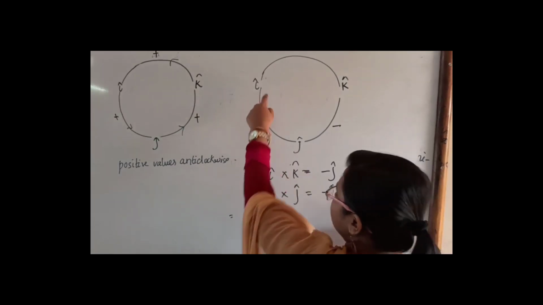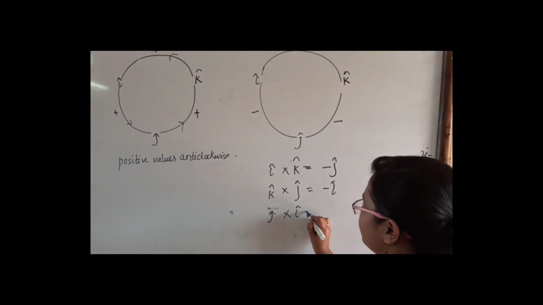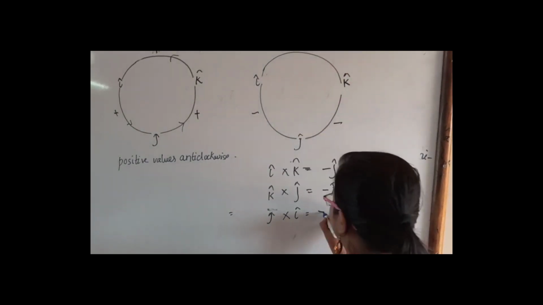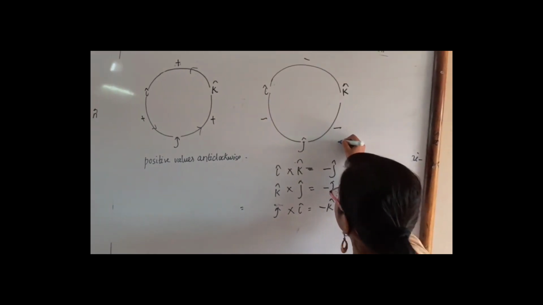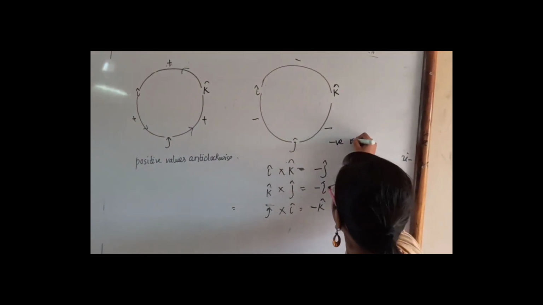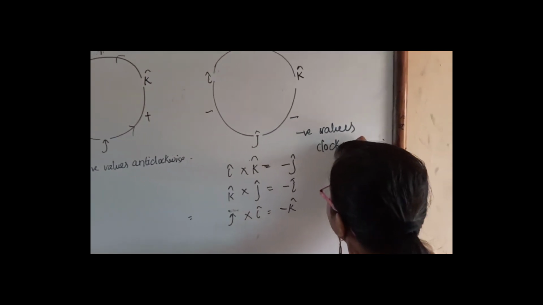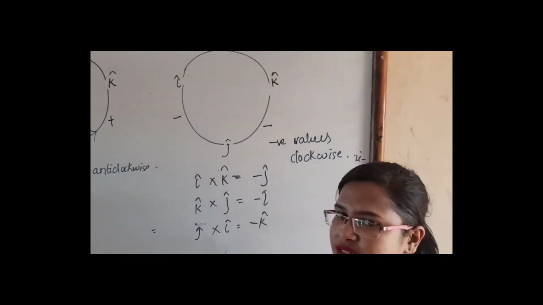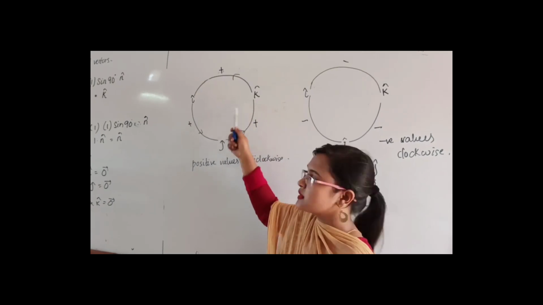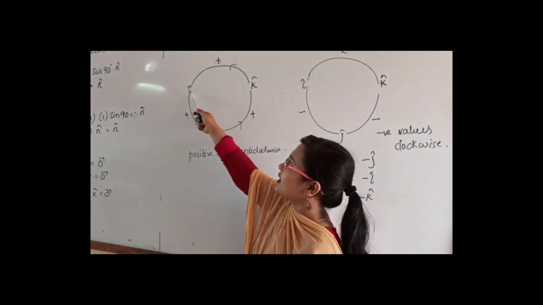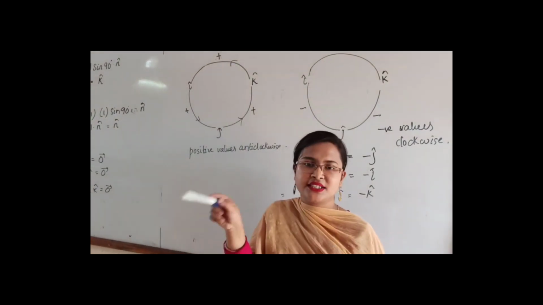J cap cross i cap will give rise to minus k cap. These are the negative values when I go in the clockwise direction. Always remember: i cross j gives rise to k cap, j cross k gives rise to i cap, and k cross i gives rise to j cap, taken in the anti-clockwise sense.